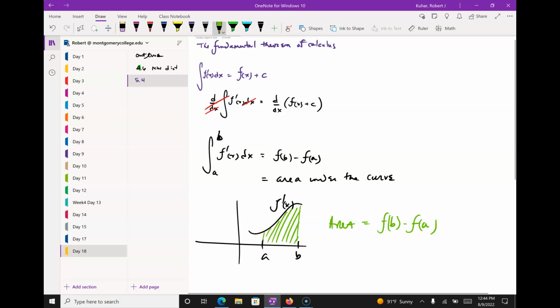When I ask for an integral, I'm looking for that area here in green, right? And how do I find it? I integrate and evaluate at the endpoints. I'm going to do a bunch of them, so don't worry yet, okay? But we want to have this thought: to get the slope of the original function, I need to find the derivative function.